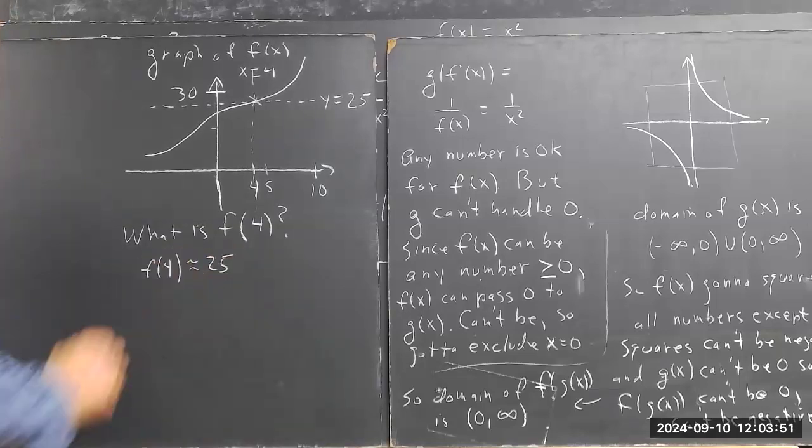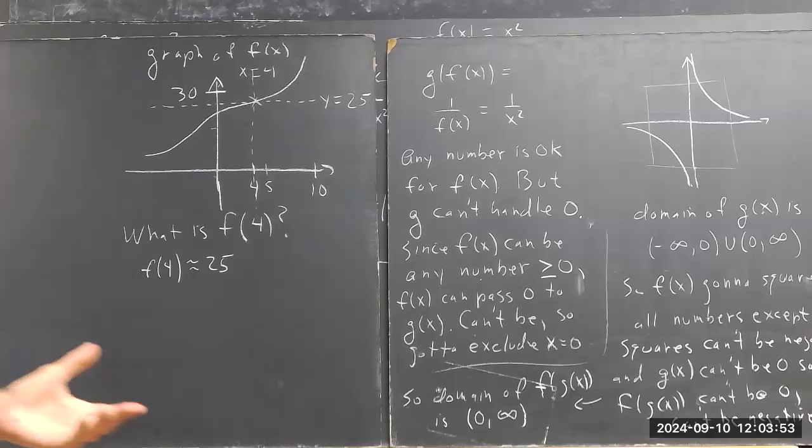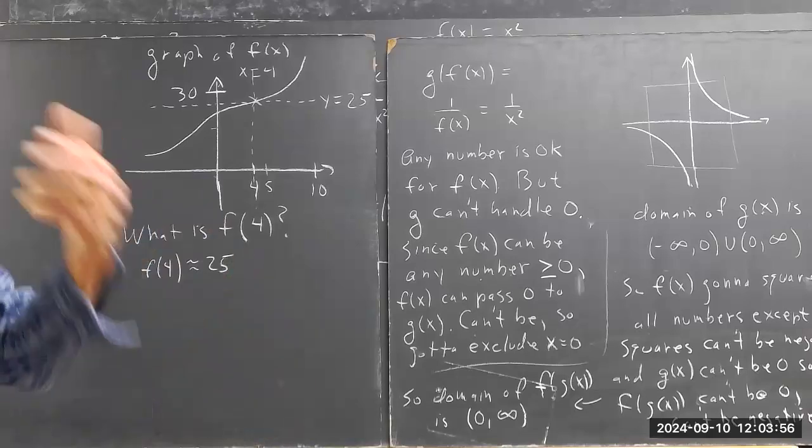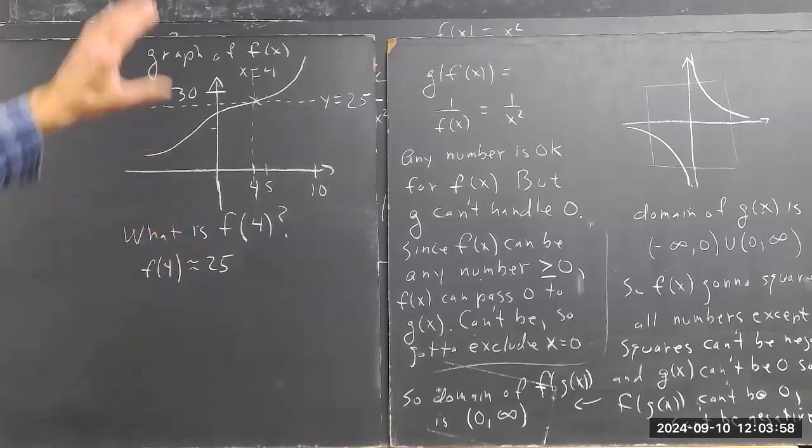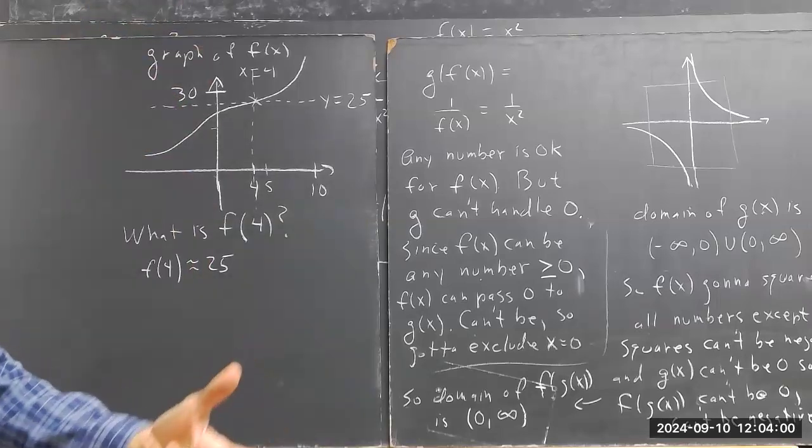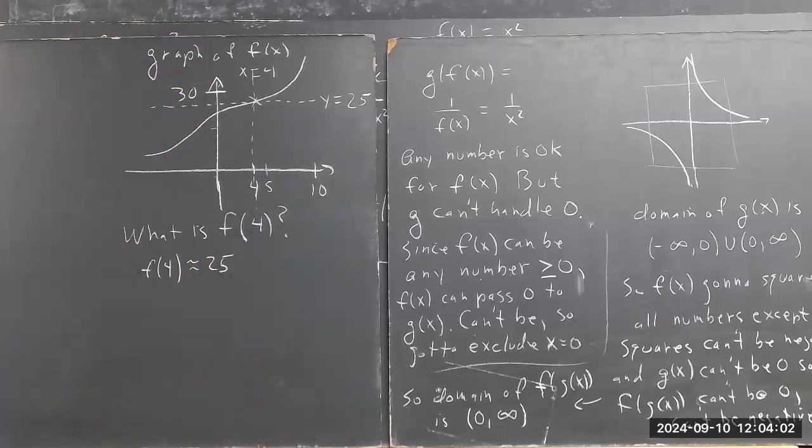Now, that little wavy equal sign means approximately 25. We're going to take 25 as the value, but we know it's an approximation because we got it off of a graph. It's not exact.